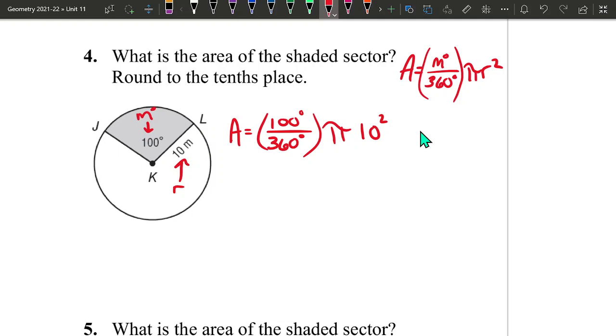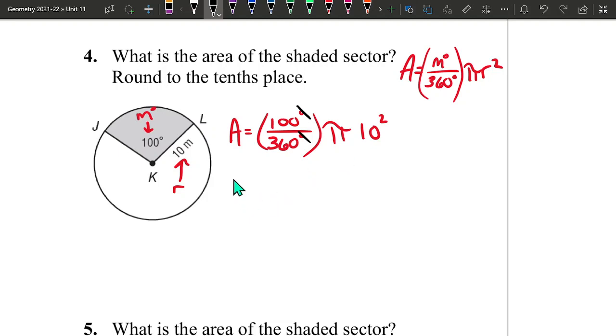I could type it in just like that, but since this is the first example, I'm just going to go through a couple of things. One is the degrees are going to cancel. That's why my area is going to end up in meters squared, because the degree on top and the degree on bottom cancel. And then 10 squared, that's 100. All right, so then I rewrite this.